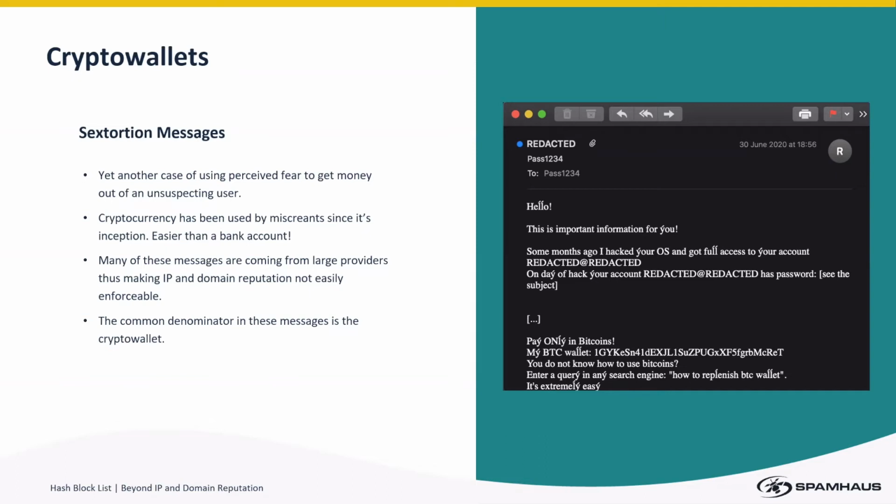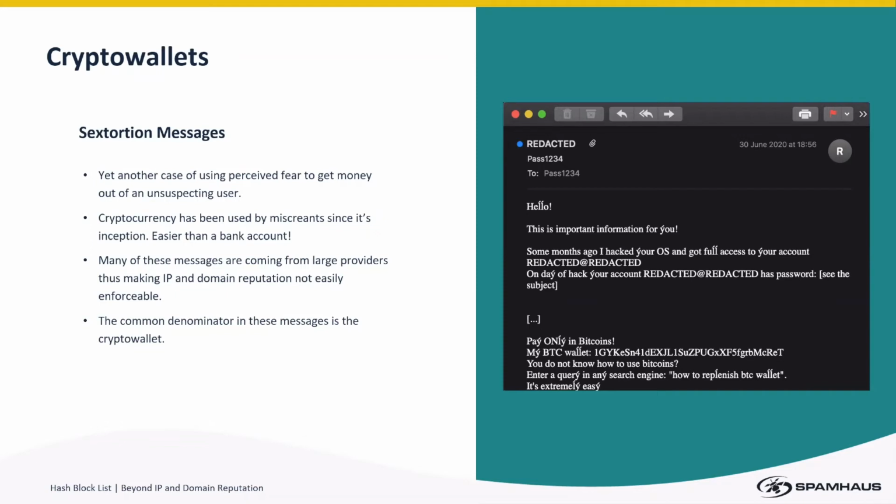So using cryptocurrency has been an avenue that we've seen in all sorts of messages and in other techniques that have been used. And again, with a lot of these, some of them are coming from those large providers out there, and that's not something that we can apply domain and IP reputation to.